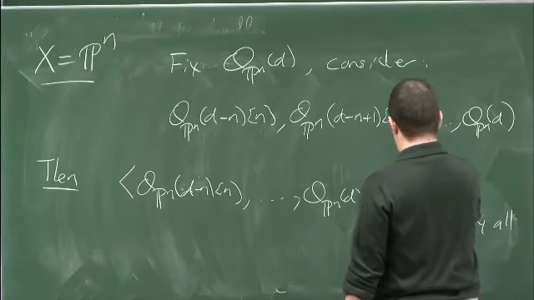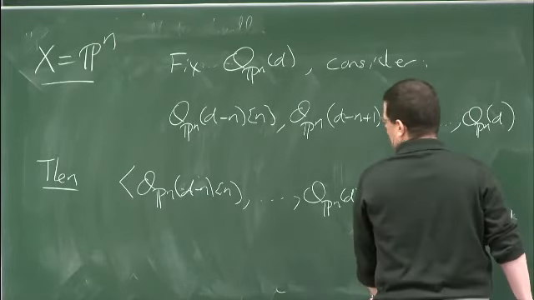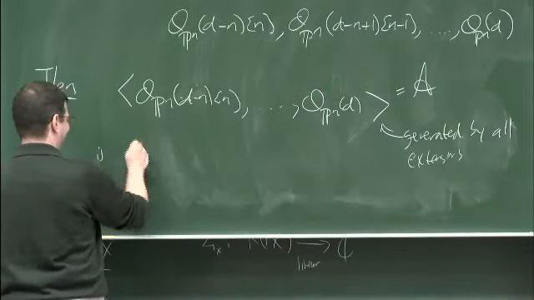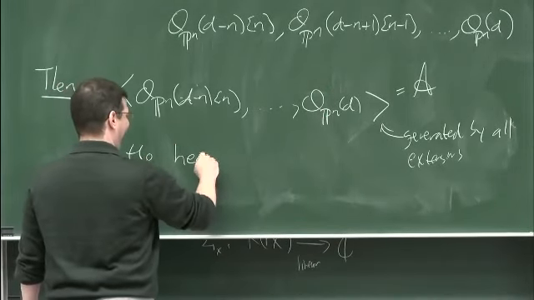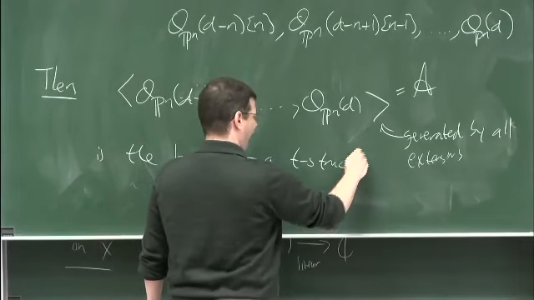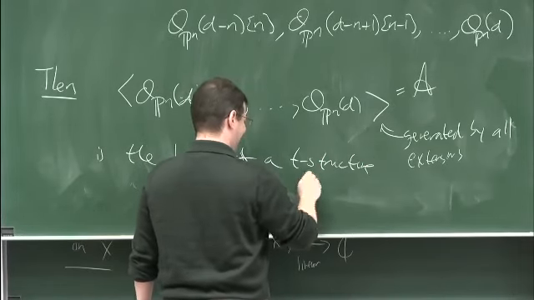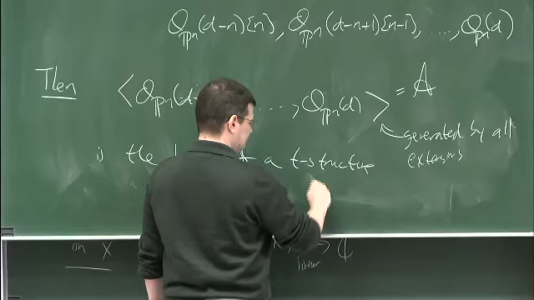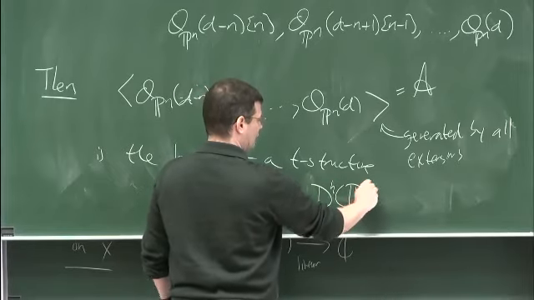Then this is the heart of a t-structure on the bounded derived category of coherent sheaves on Pn.